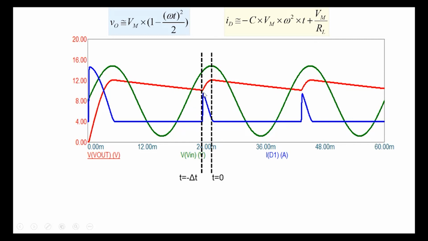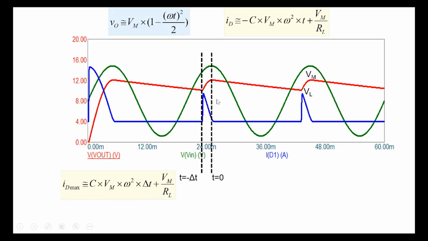This is the place where I get a maximum value of I_D. So I_D max will be equal to C Vm omega squared, and t equal to minus delta t, where minus minus cancels, we get delta t, plus Vm by RL. So our task is to determine the value of delta t. For how long is the diode turning on here?